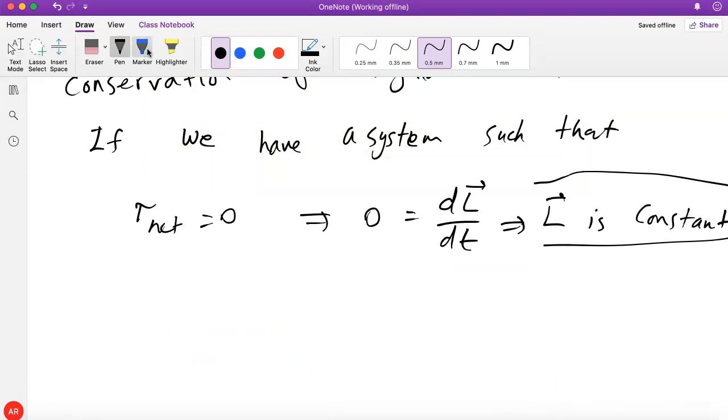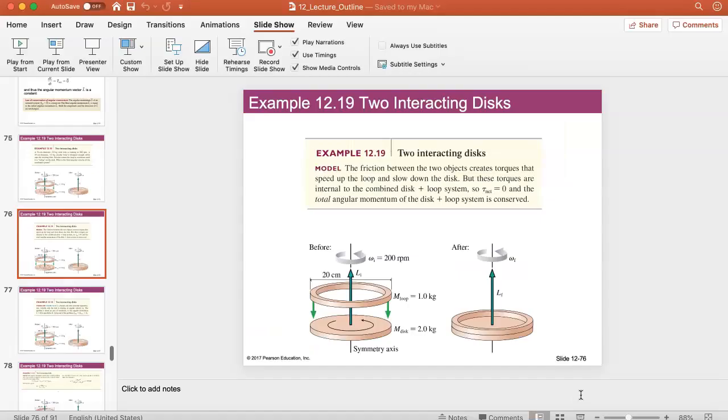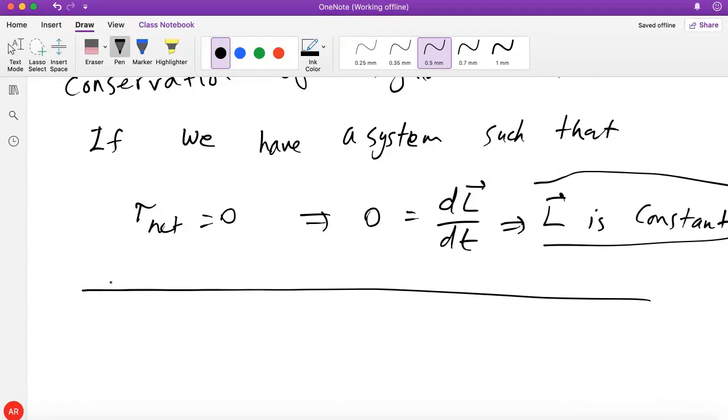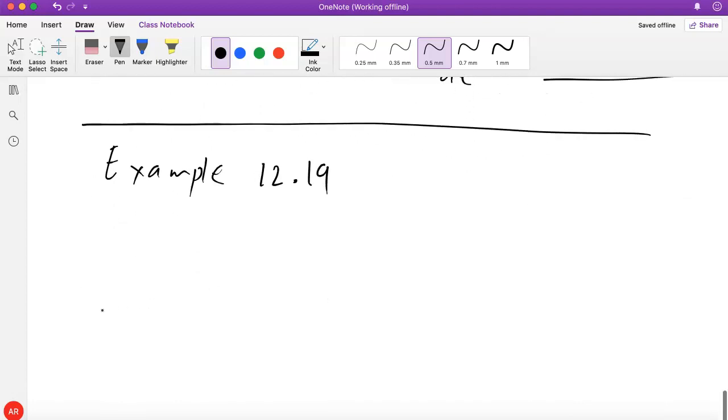All right, so let's think about this problem now. Just check the, yeah, example 12.19. So here it is. So what's happening?